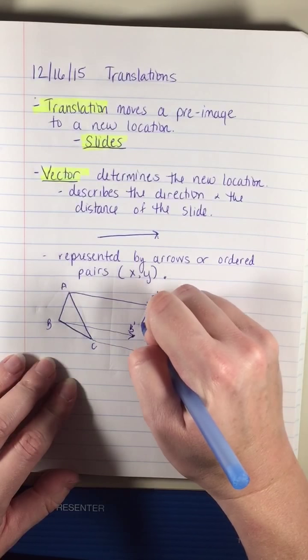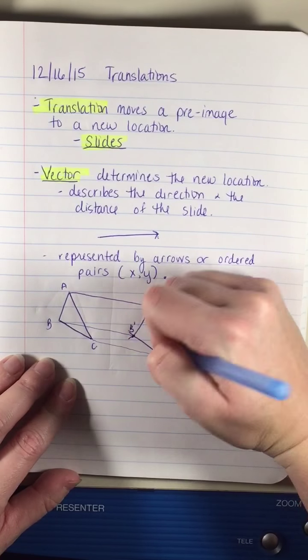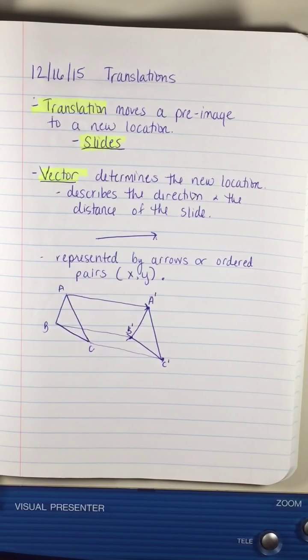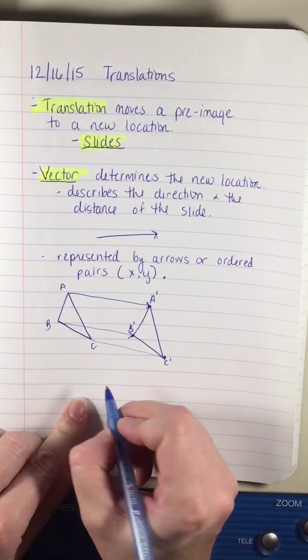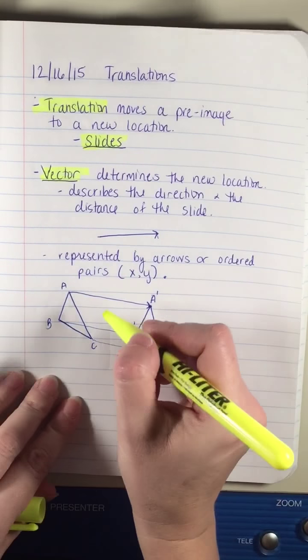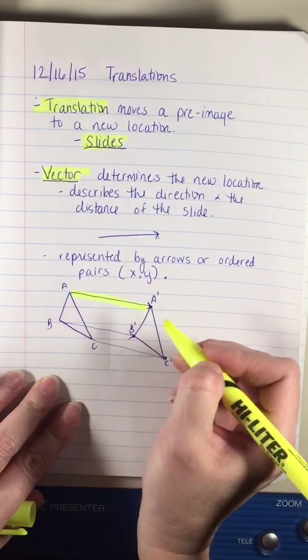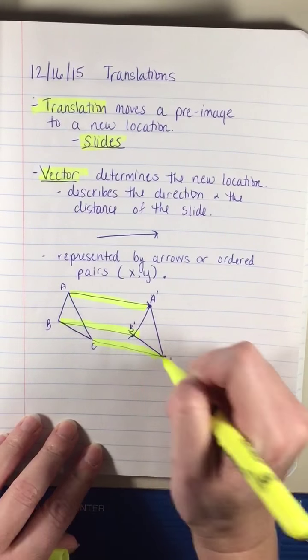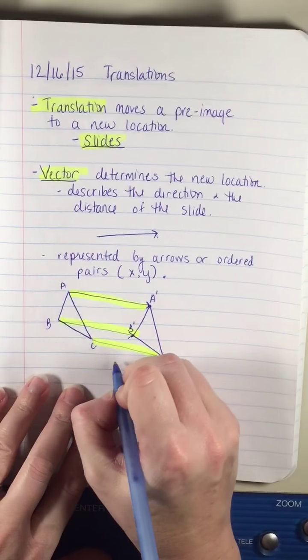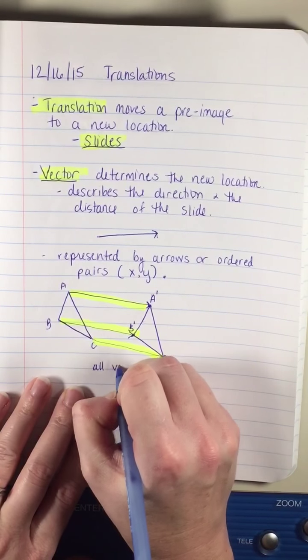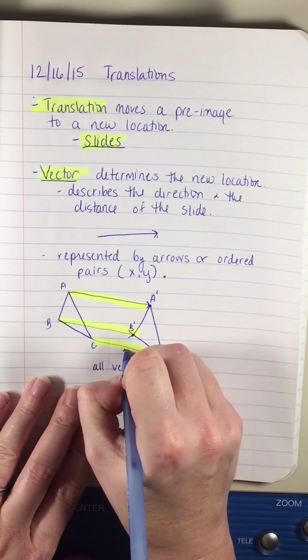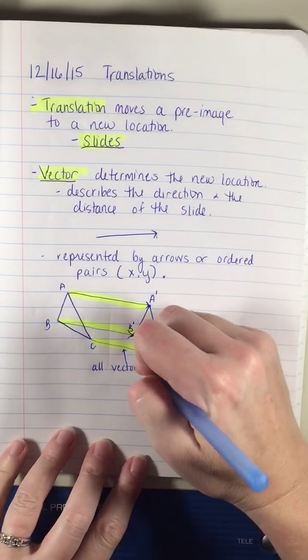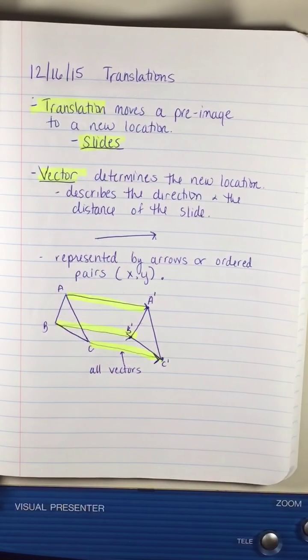And then connect my points. So each one of these lines, from here to here, from here to here, from here to here, those are all vectors. Okay. So your picture doesn't have to be perfect.